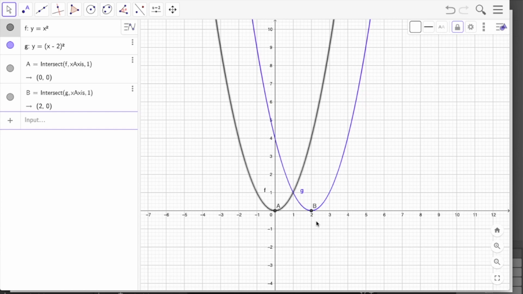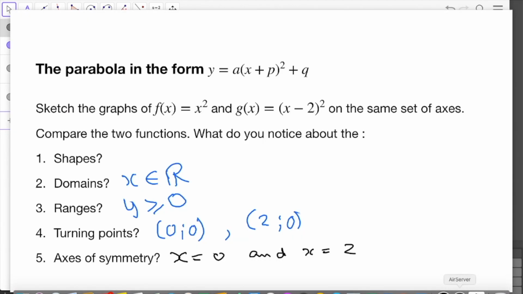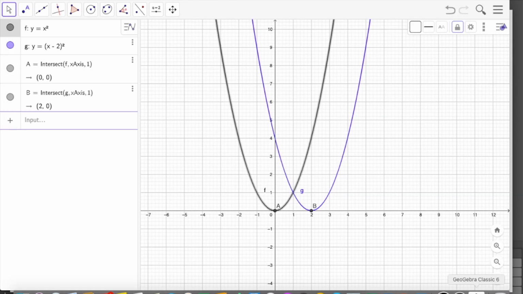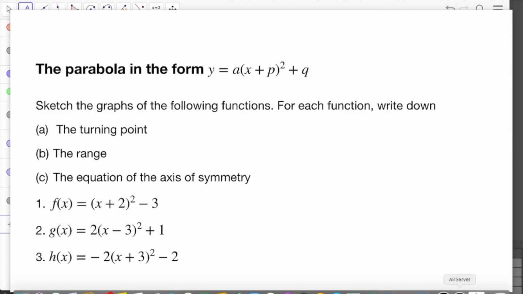The reason why this is so is because it looks like this black graph here was shifted 2 units to the right. The funny part is that this is given as x minus 2. Whenever it's a minus 2, you expect your graph to shift to the right.